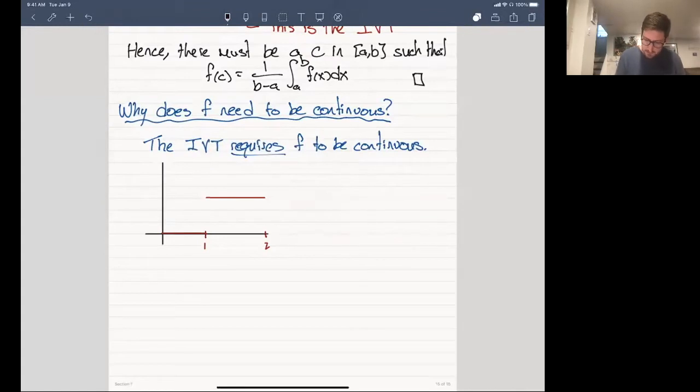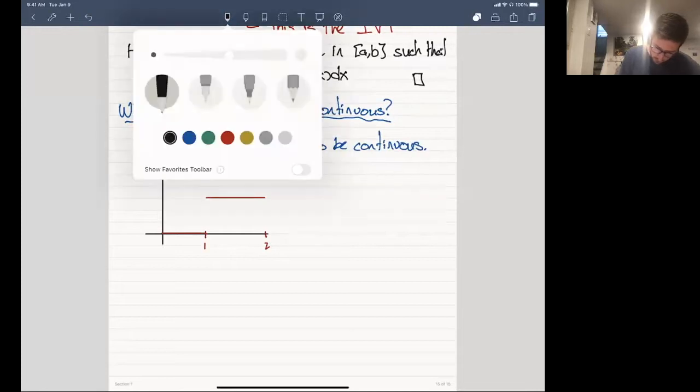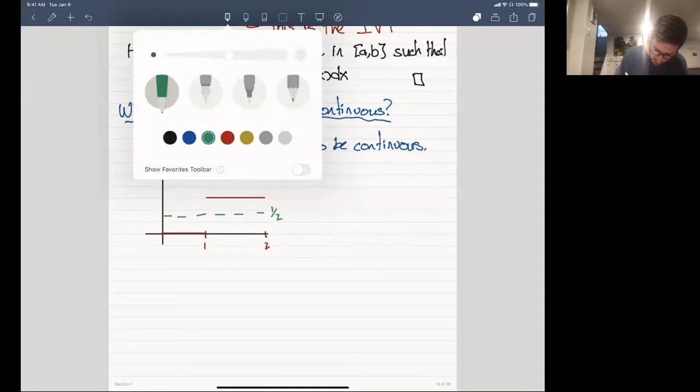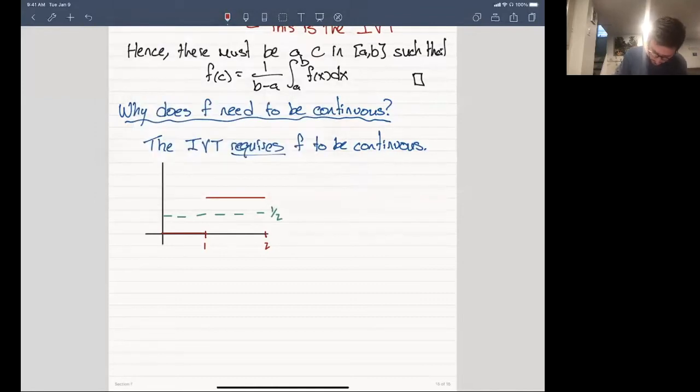Well, in this case, the average value here is actually going to be 1/2, right? Half of the time you're spent at 0, half of the time you're spent at 1. So your average value, I apologize for these not being perfectly straight, should be at 1/2, and I should indicate that this is at 1. But there's nowhere that this function takes on the value 1/2. And the reason is because this is not a continuous function.